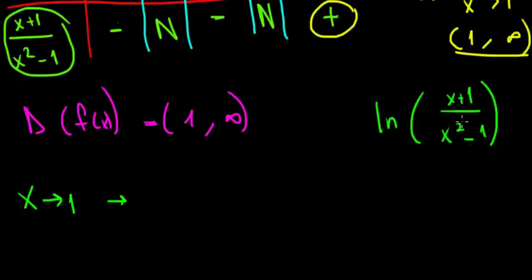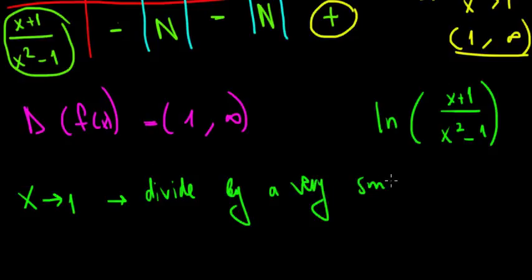Well, the difference between a number slightly greater than 1 and 1 is going to be a decimal. It's going to be a very small number. If we divide any number by a very small number, we get a very large number as a return.